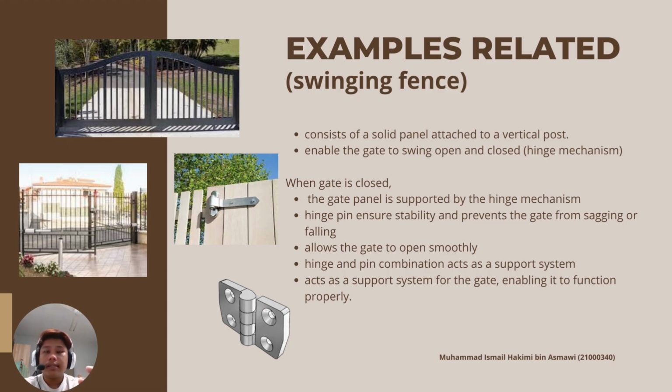So, in this example, the hinge and pin combination acts as a support system for the gate, enabling it to function properly. It bears the weight of the gate, facilitates the movement, and ensures that the gate remains secure when it is closed or open.